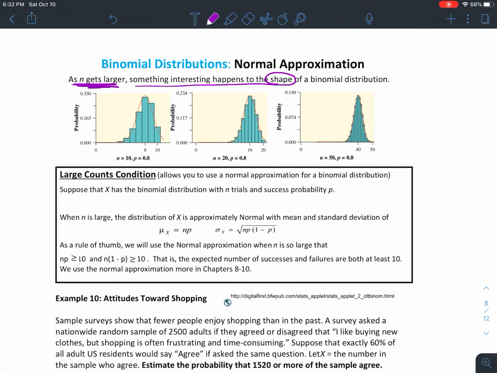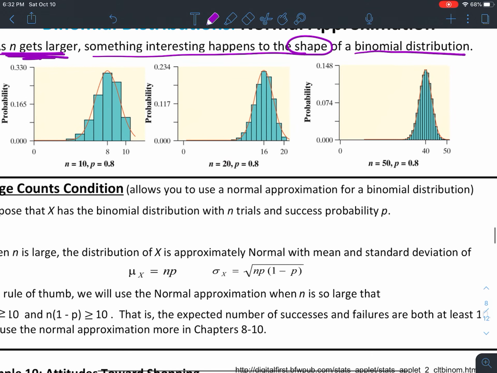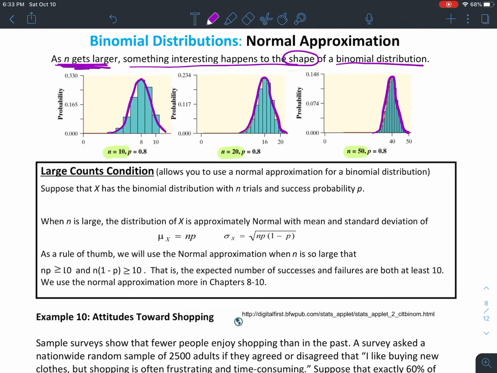What you'll notice happens to the shape of the binomial distribution, you can kind of see this in these graphics here. As your sample size gets larger, the distribution becomes more and more of a normal distribution.